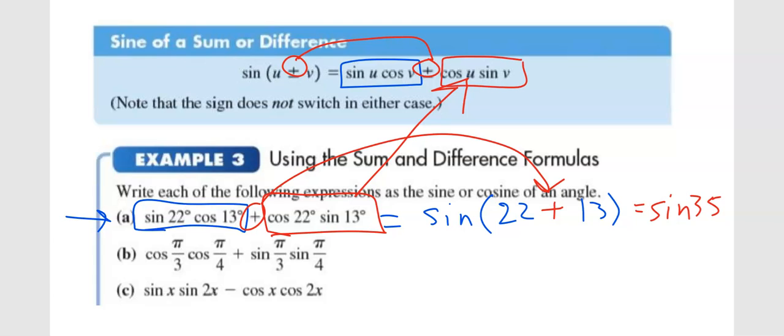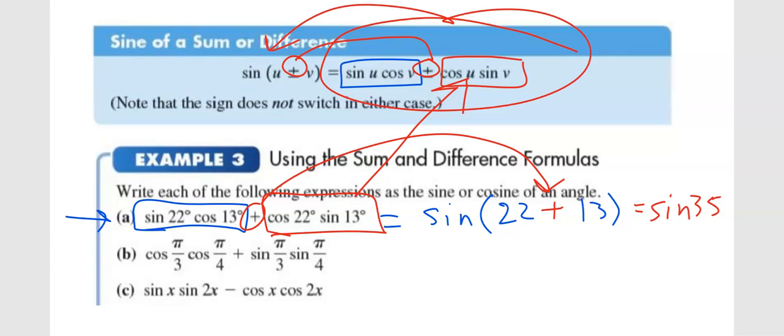Now, if you're asking me to actually substitute numbers in for sine 22, cosine 13, cosine 22, sine 13, we did more of that kind of thing back in example 1. They're basically handing me this side of the equation and asking me to go backwards to the other side. So they're giving me the expanded form and they want me to put it into a condensed form.